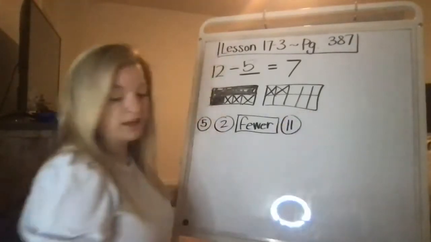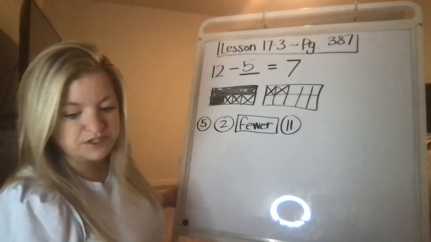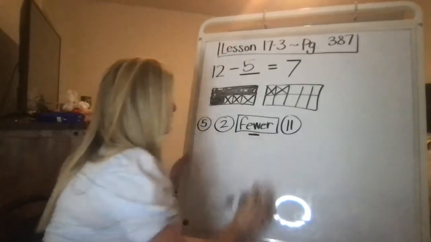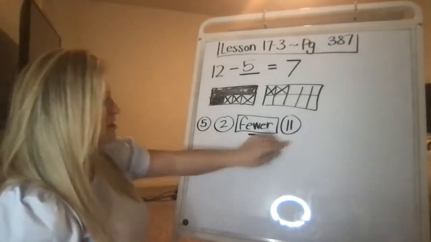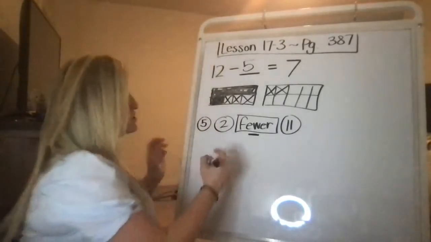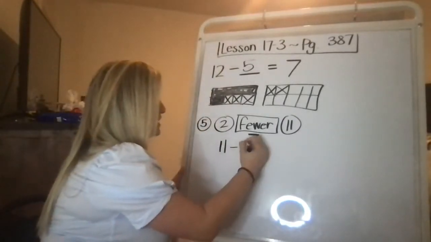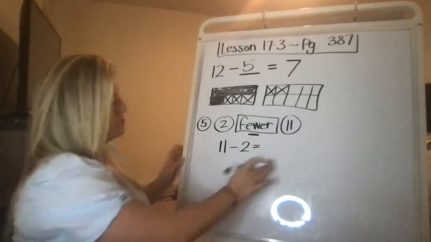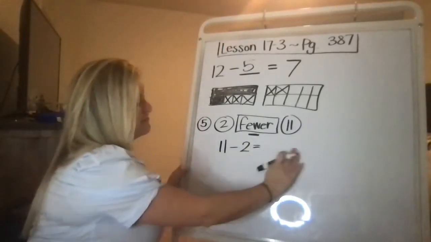So you'd circle 11. How many desks does Mr. Peter have? So fewer tells me I'm going to be subtracting, but I can't do 2 minus 11 because I know subtraction starts with the biggest number. So I'm going to start with 11 minus 2, and that'll give me my equation. That'll give, or my answer, the difference, how many fewer.